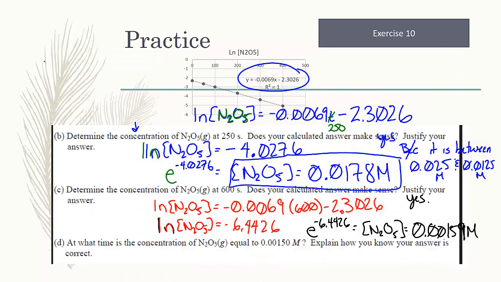So yes, our answer is justified because it needs to be less than 0.006.